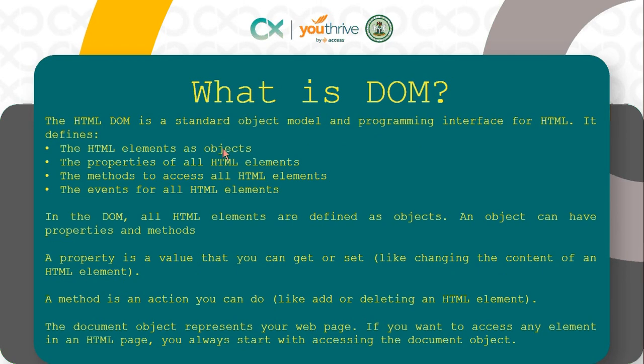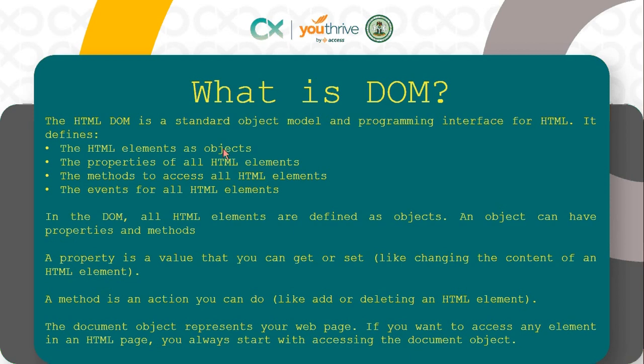So in the DOM, all HTML elements are defined as objects. So this point is very, very important. So what is DOM? DOM stands for Document Object Model. So that's why this statement is very, very important. So in the DOM, all HTML elements are defined as objects.